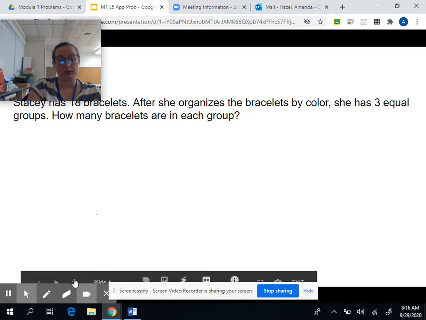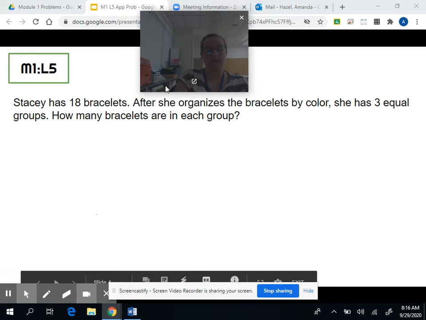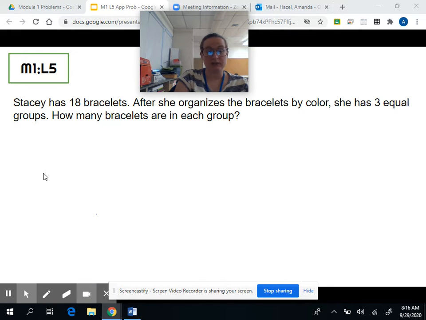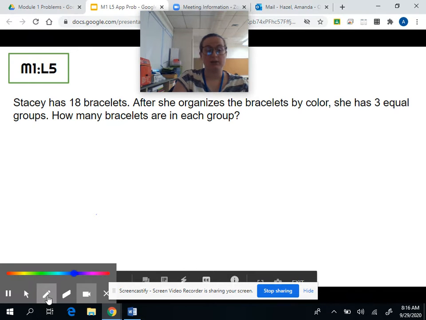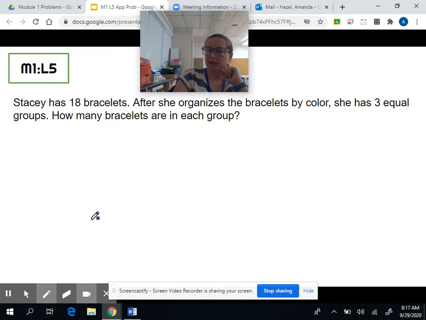Okay, so here is your problem. Stacy has 18 bracelets. After she organizes the bracelets by color, she has 3 equal groups. How many bracelets are in each group? So you will have more time to solve on your own today, but I'm going to talk out my first steps with you. Last time you might have noticed I like to circle things that will help me solve the problem.